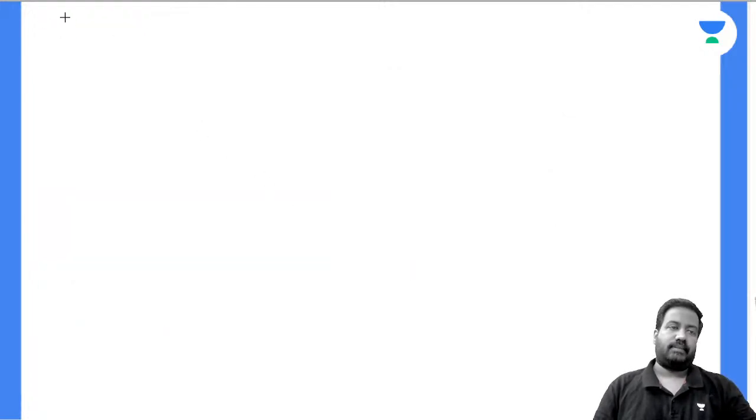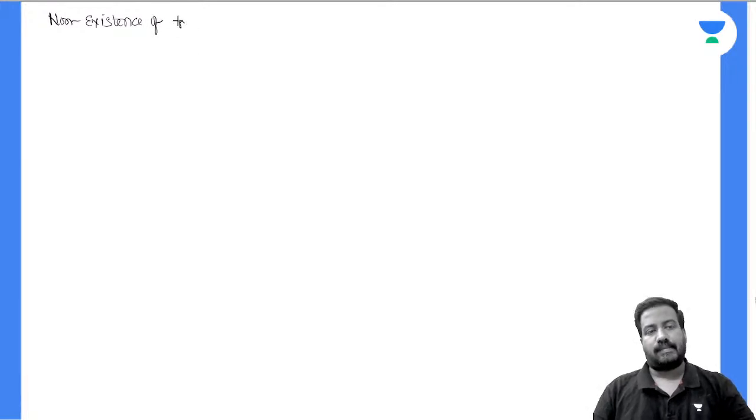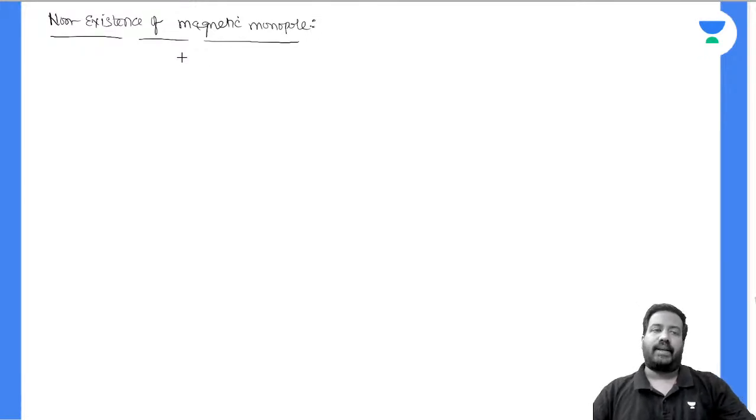Next is the last one, which is non-existence of magnetic monopole. A magnetic monopole does not exist.